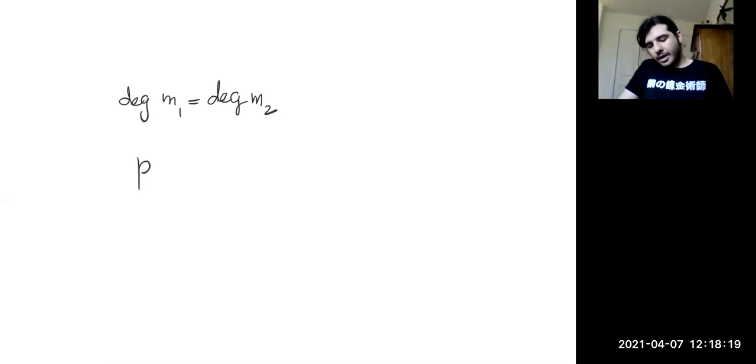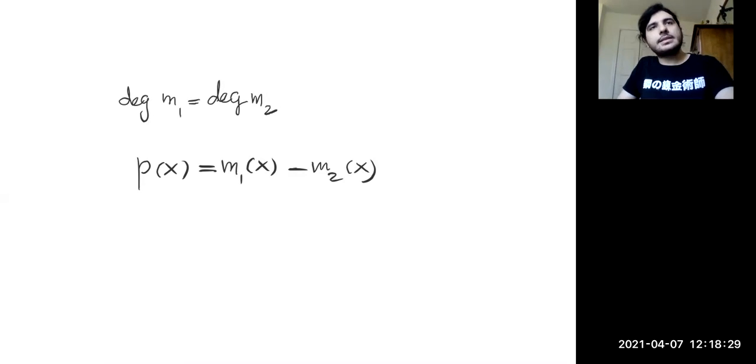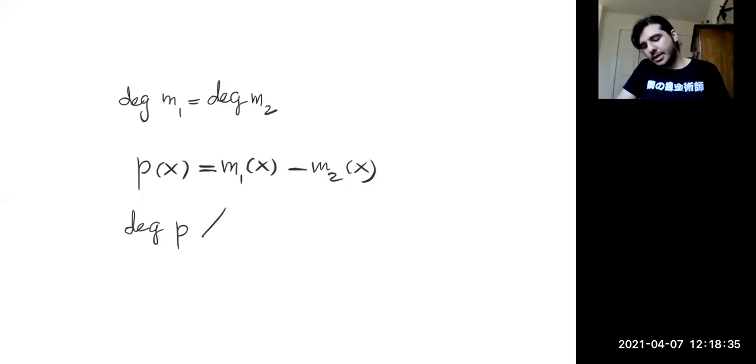So if I define the polynomial p(x) equal to m1(x) minus m2(x), the degree of p is definitely strictly less than the degree of m1, which is the same as the degree of m2.